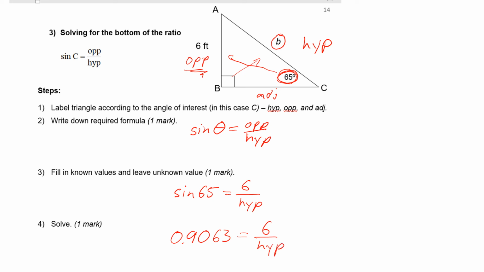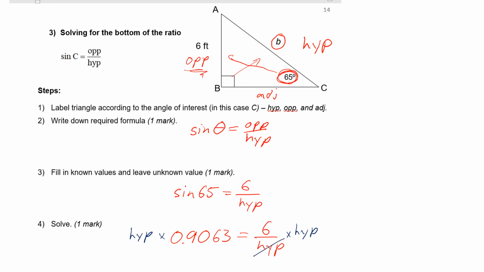So now that I have that, I need to solve for the hypotenuse. So I'm going to show you the correct method to do. The hypotenuse is on the bottom, so in order to get rid of it, I'm going to times by the hypotenuse. If I do that on one side, I must do it to the other. So I times both sides by the hypotenuse.